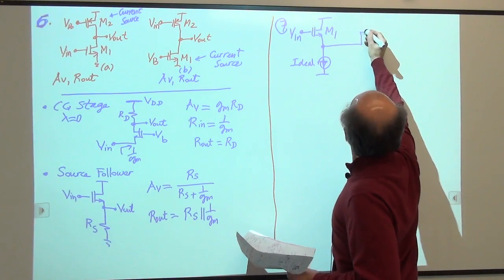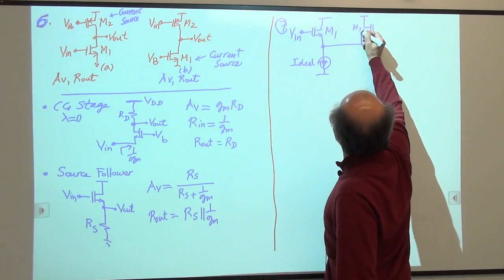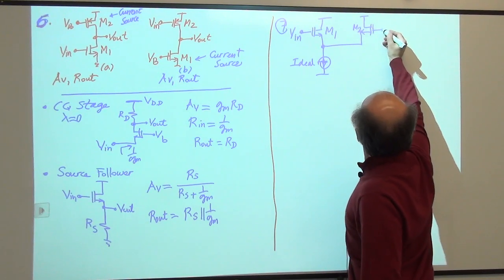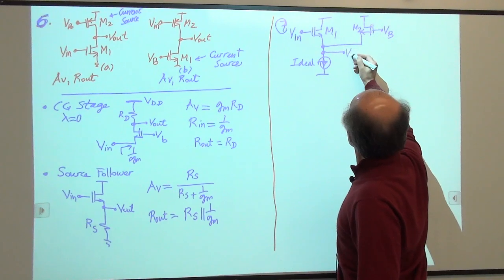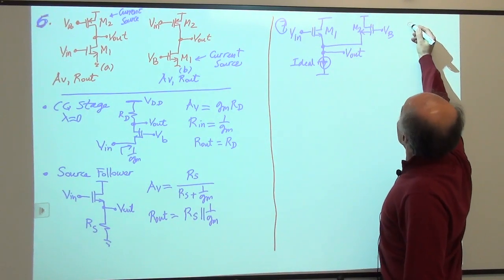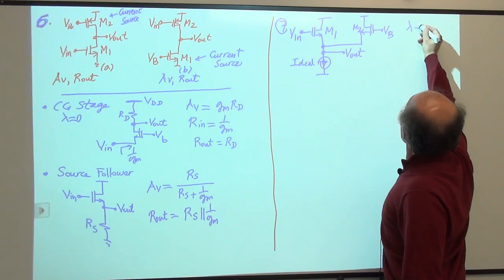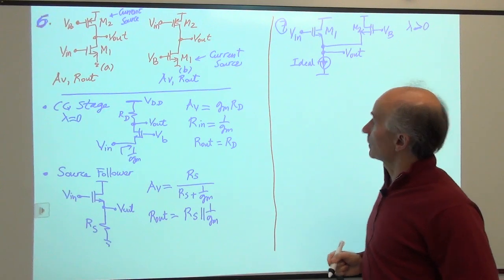And then we have a transistor like this, M2, whose gate goes to a constant bias, and the output is taken here.